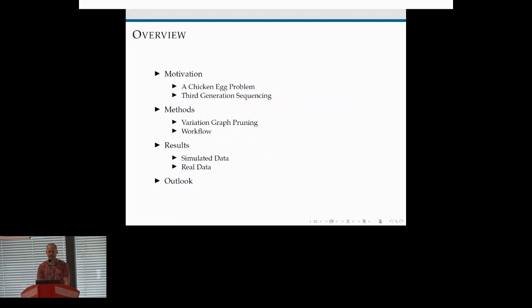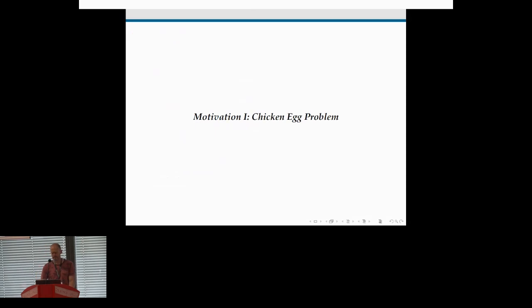Then the methods: at the core of the methods there is the variation graph pruning, which I will explain in more detail, and then also show you the workflow that wraps around it, that is the frame in which the pruning is integrated. In the results, we have results for simulated data and for real data, and I give an outlook on what comes next afterwards.